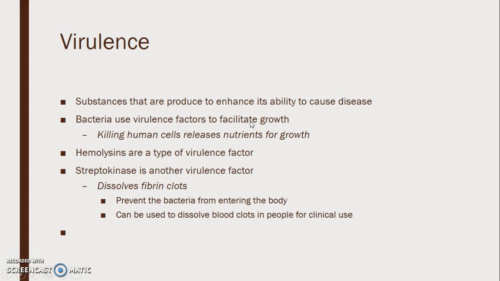The way that they infect, their virulence, is that they have substances that produce or enhance their ability to cause disease, called virulence factors. Bacteria use these virulence factors to facilitate growth. Killing human cells helps degrade the immune system and prevents that whole system from killing the cell, and it also releases a whole bunch of nutrients that it can then absorb to grow.